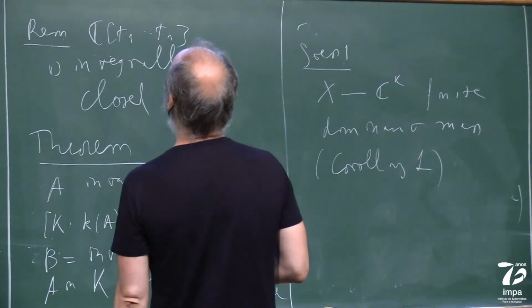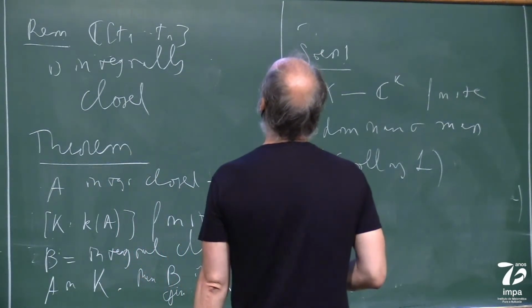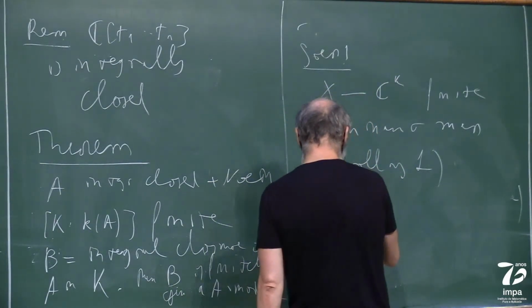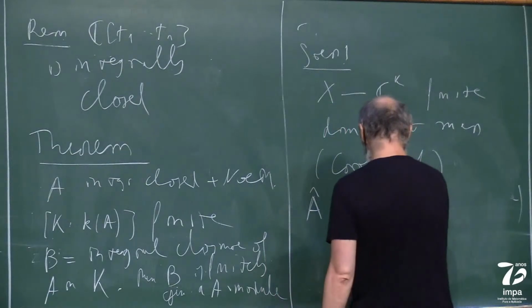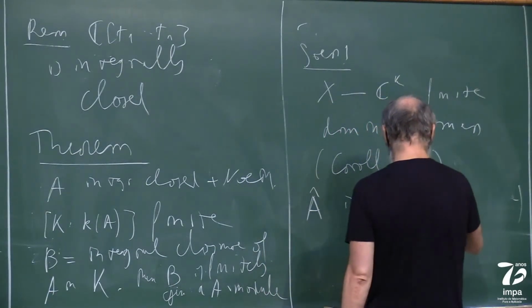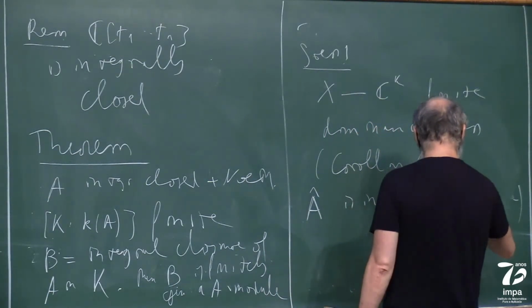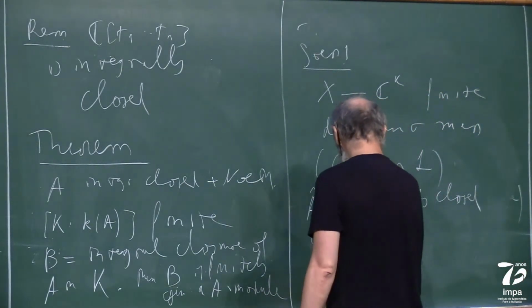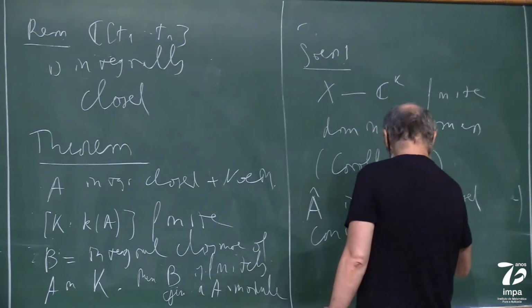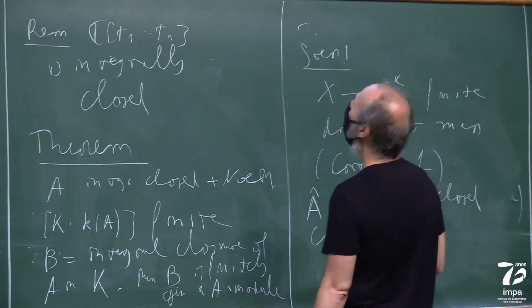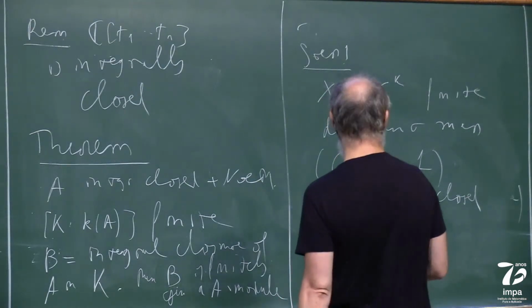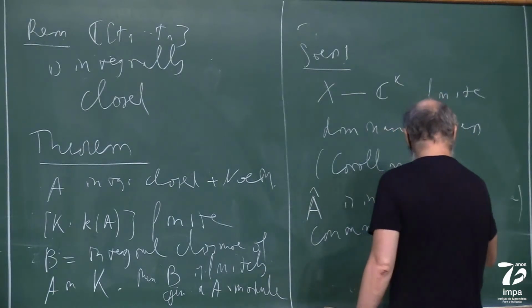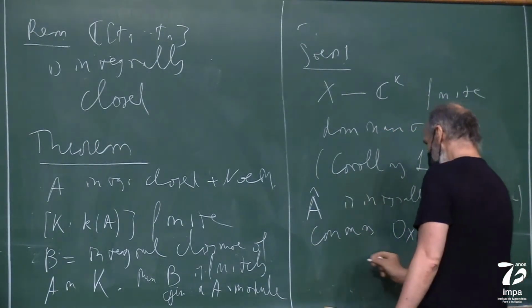There's a misprint here. So A hat is integrally closed, contains O of C^k, and has the same field of fractions.